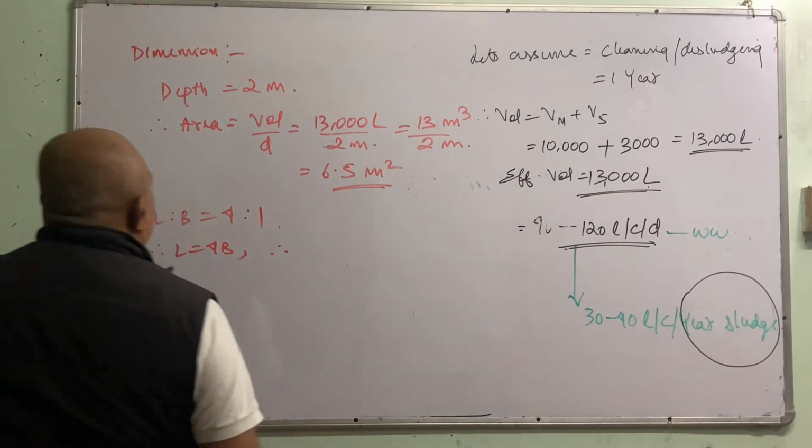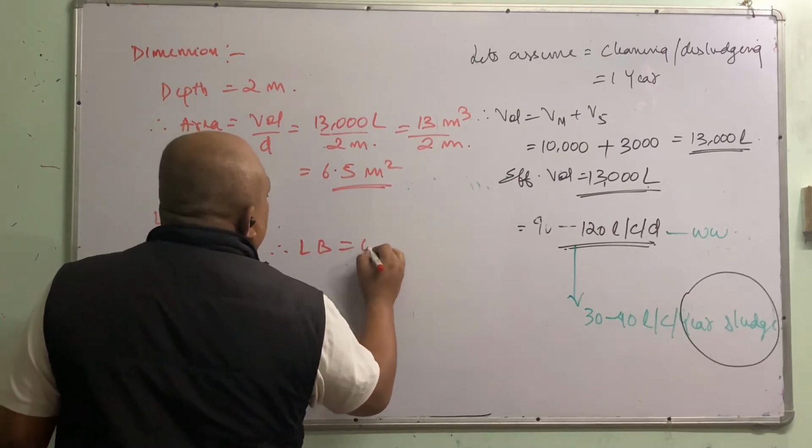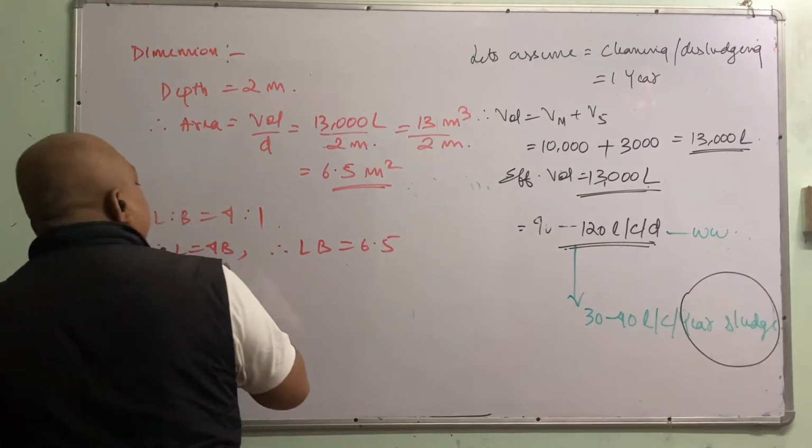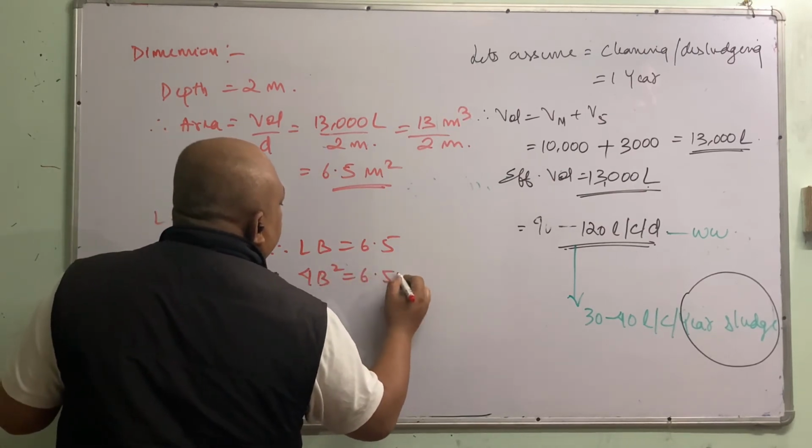Therefore, length into breadth is equal to 6.5. Length is 4b, so 4b square is equal to 6.5.